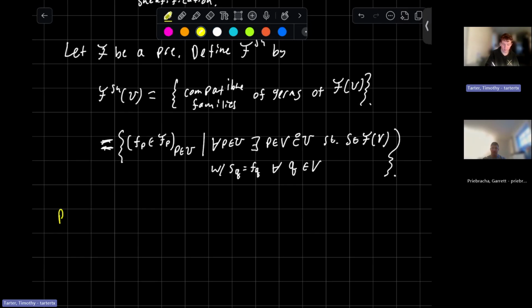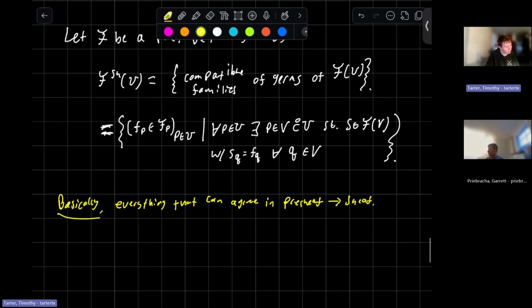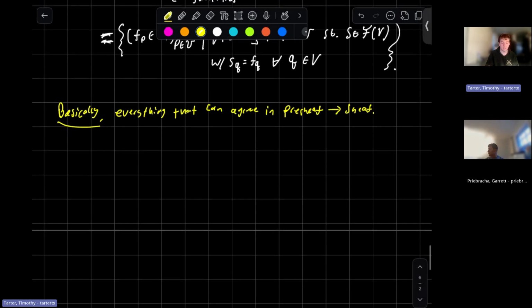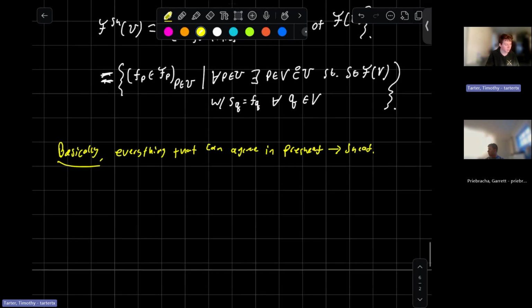Everything that can agree in the pre-sheaf goes into the sheaf. And this is clearly a sheaf because of restriction maps kind of gluing things together.